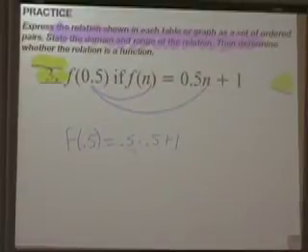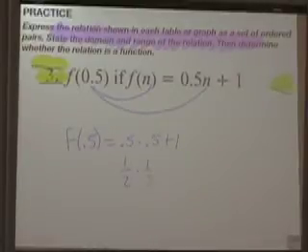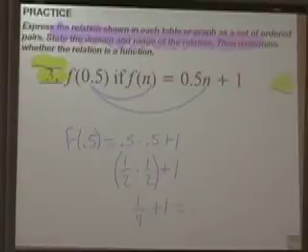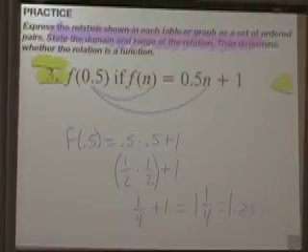Now instead of 0.5 times 0.5, let's change it to 1/2 times 1/2 plus 1. Now what's 1/2 times 1/2? 1 times 1 is 1. 2 times 2 is 4. So it's 1/4 plus 1. And 1/4 plus 1 is just 1 and 1/4, which equals 1.25. Very good.